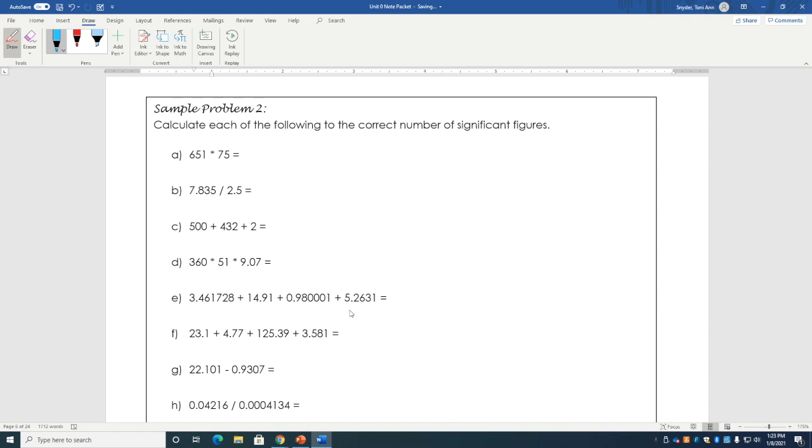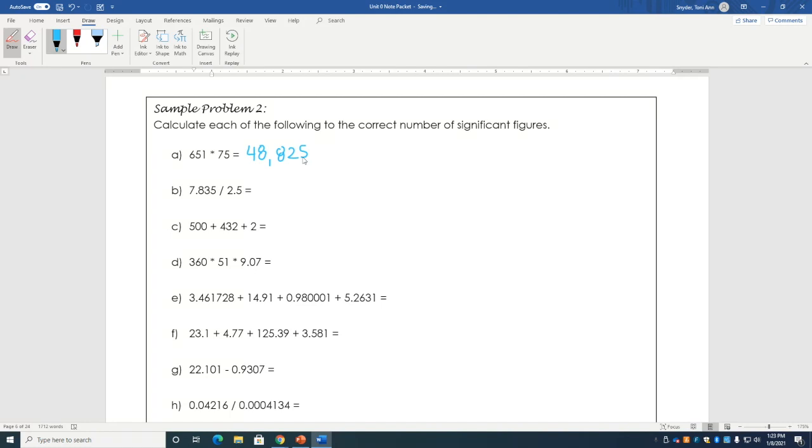The easiest part about all of these is first just doing the math like you would in any of your math classes. So when you type in for letter A, 651 times 75, your calculator tells you an answer of 48,825. That is way too exact if both of those numbers that we were multiplying together are measurements.